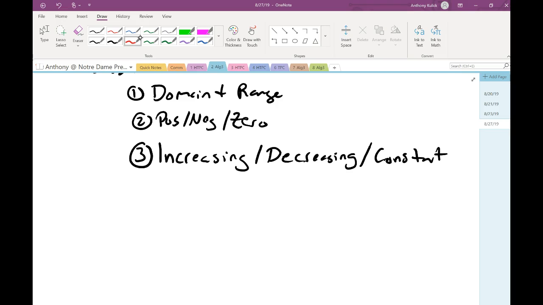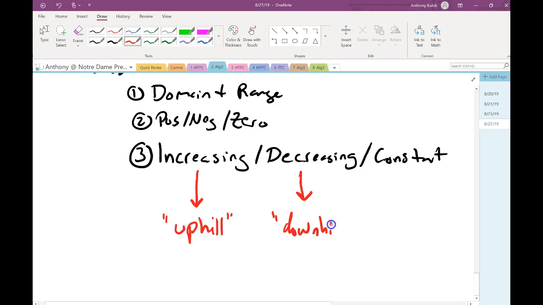Everybody okay with that idea? What do we mean by increasing? We're talking about when the graph is going uphill as you're walking along the graph from left to right. Decreasing, we're talking about downhill. And constant is basically when there is no incline.